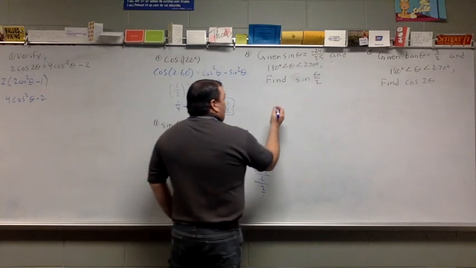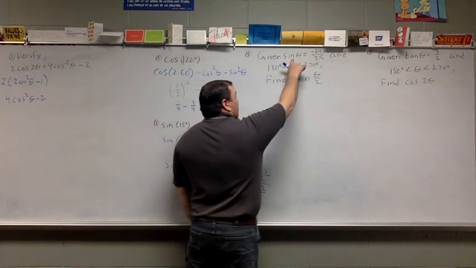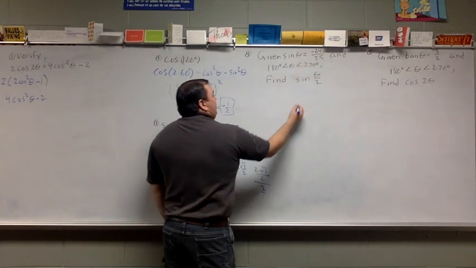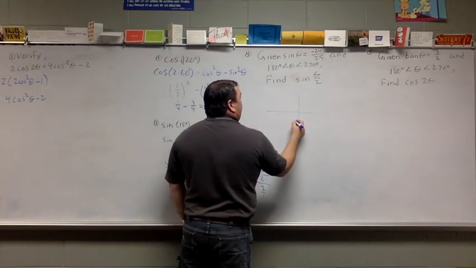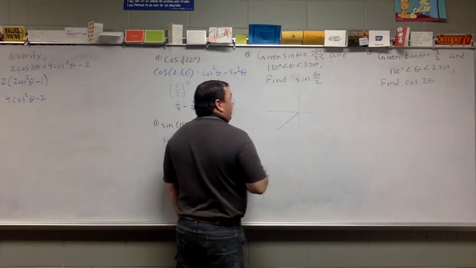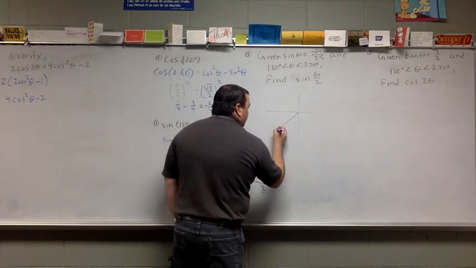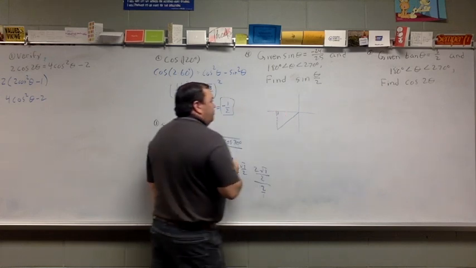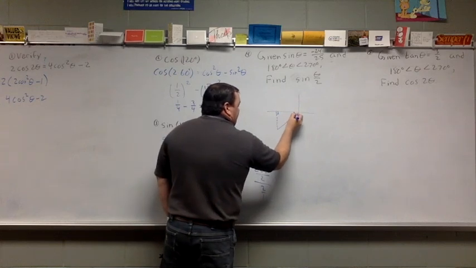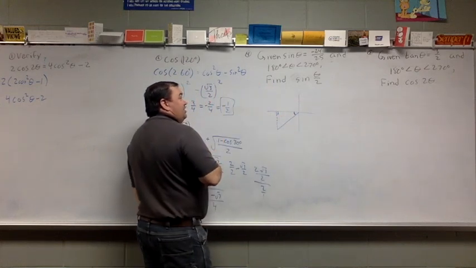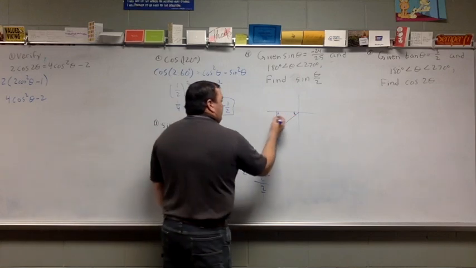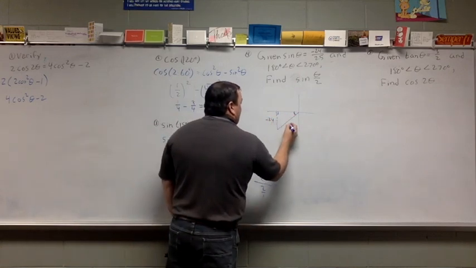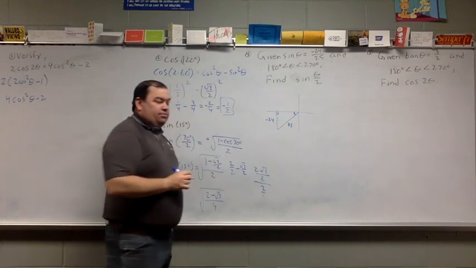So I'm going to start out by using this. If I go to the third quadrant and I try to draw in a triangle, I'm going to actually draw in this part right here. If this angle is sitting here and it says the sine is -24/25, sine is opposite over hypotenuse.